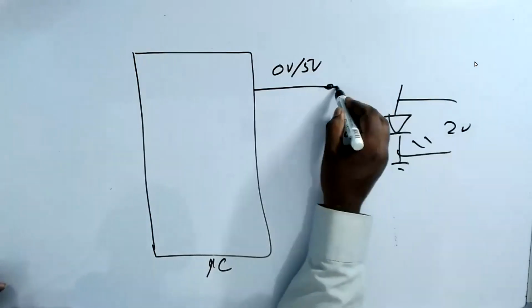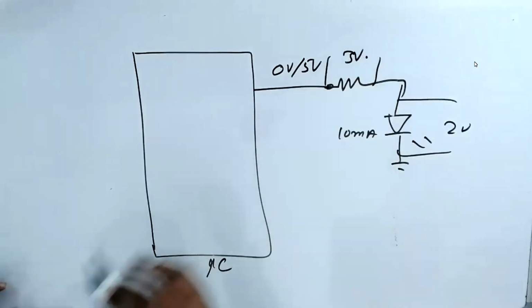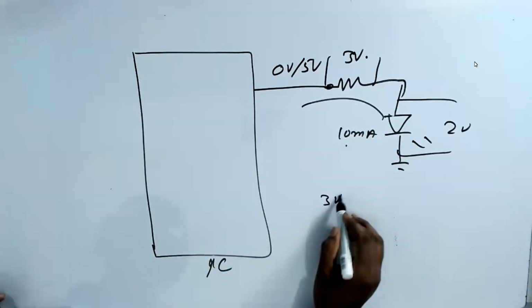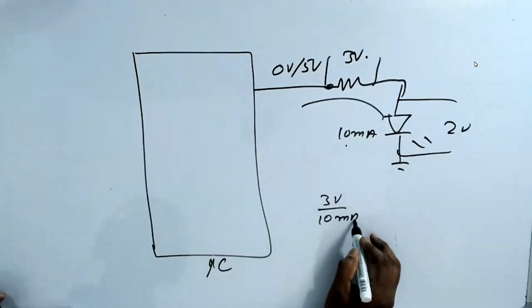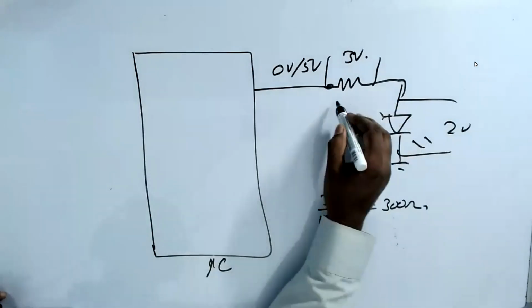So we put a resistor to drop the remaining 3 volts, and the current is 10 milliampere. So 3 volts divided by 10 milliampere is equal to 300 ohm. What is available in the market is 330 ohm.